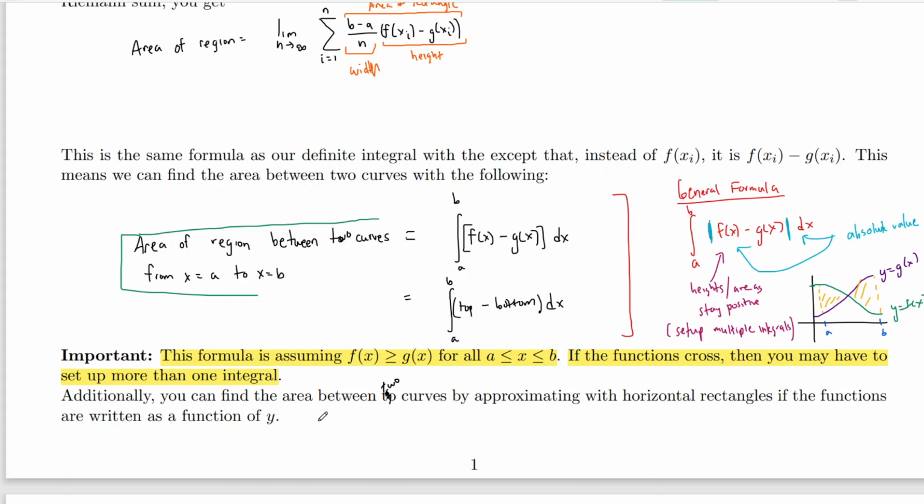So what I mean is that if you have, like, x equals 4y squared and x equals cosine of y, you can actually graph these just fine in Desmos. And instead of looking at it from top to bottom, you look at it from right to left. So the height of the rectangles in this case is right to left.